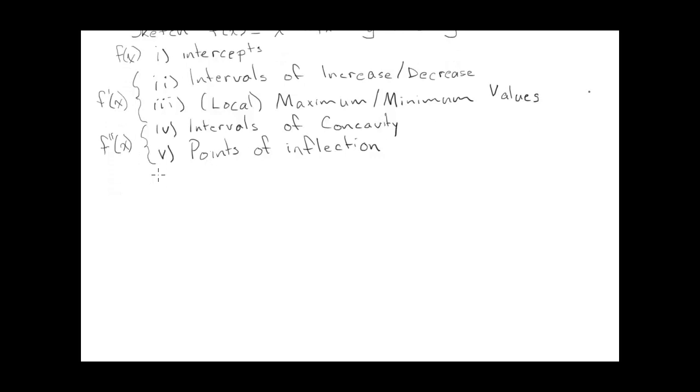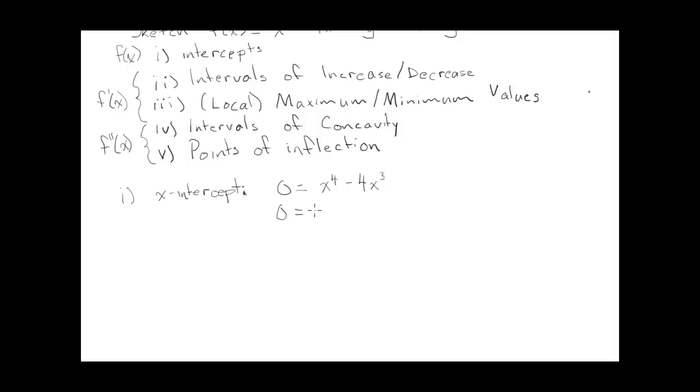So first we will find the intercepts. So we'll go with x-intercepts first. So in order to figure out the x-intercepts, you'll take the function f of x, set it equal to 0. So it's x to the 4 minus 4x cubed. So we solve that by factoring.